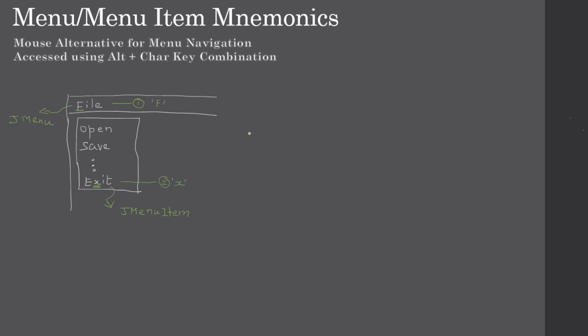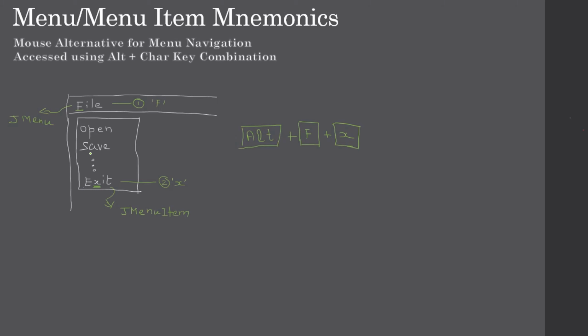They have to press Alt plus F. Once they do Alt F, it is kind of clicking the file menu. That means it will open this file menu. So in the menu bar, the user is invoking the file using the keyboard. So it's equivalent to clicking this file menu. Then the user does X. If they do so, it will invoke the file exit command.